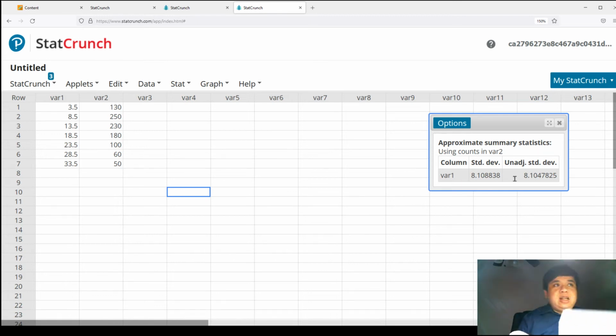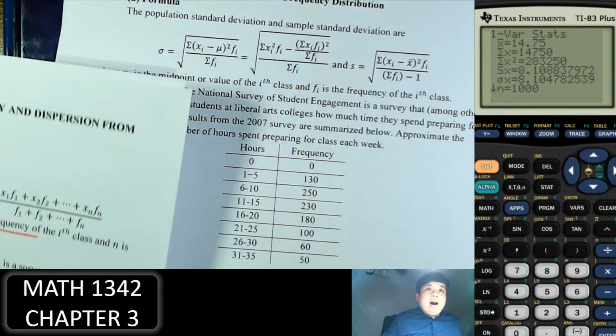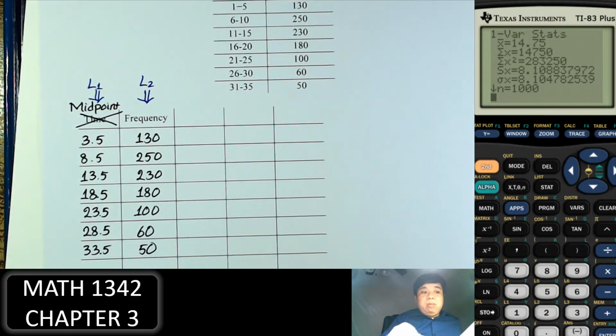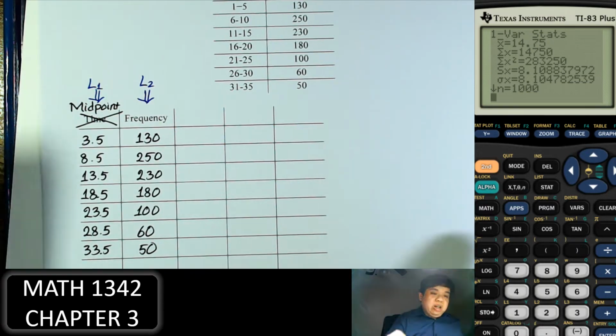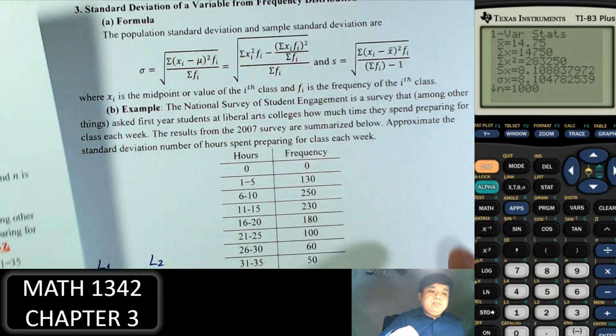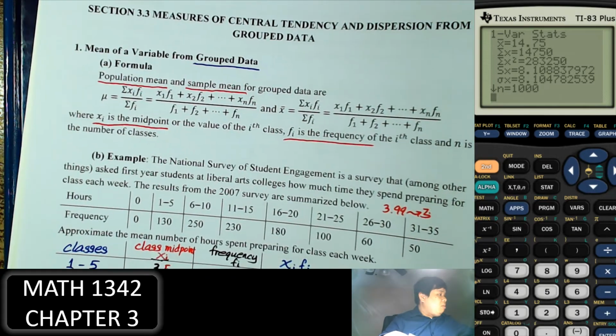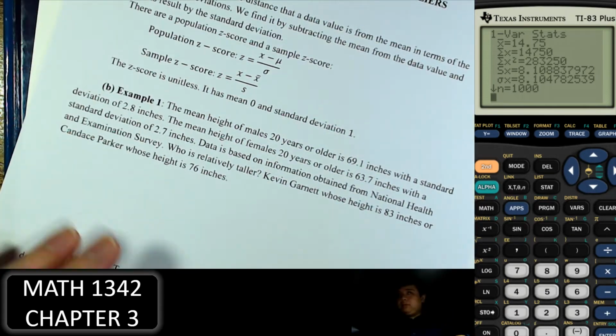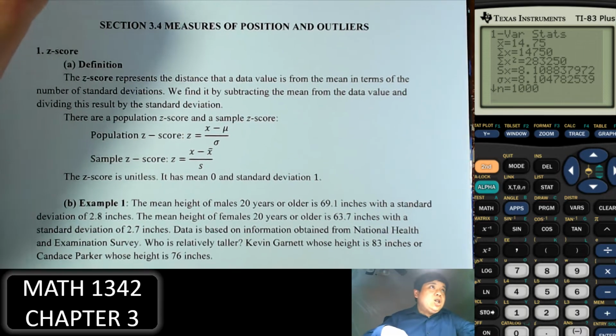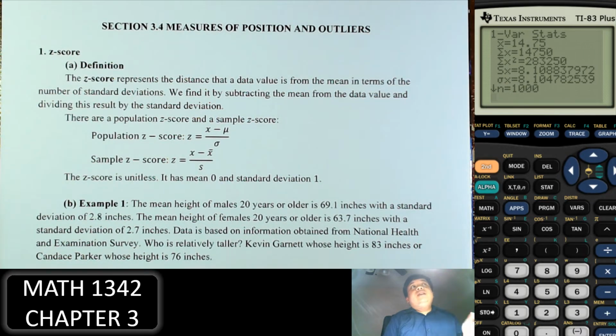Right, like I said, when we have grouped data and we are asked to find the standard deviation, I highly recommend putting the data in lists and using a calculator, because calculating like this will take a lot of time. Right. So we have the mean, the mode, the median. That is the central tendency, and then the range, the variance, standard deviation. So that is the dispersion.